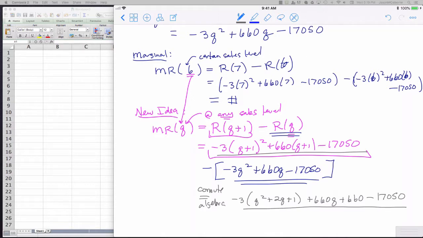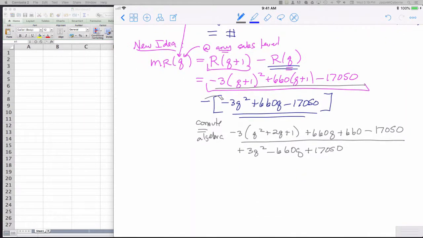Okay, distributing the minus sign now will be plus 3Q squared minus 660Q plus 17050. We'll go ahead and distribute the minus 3 through this term to get minus 3Q squared minus 6Q minus 3. We'll add on the 660Q plus 660 minus 17050.